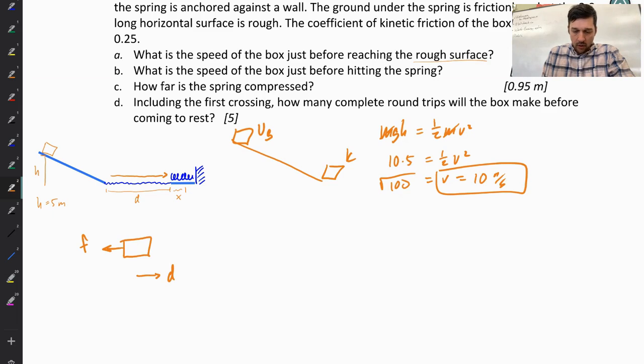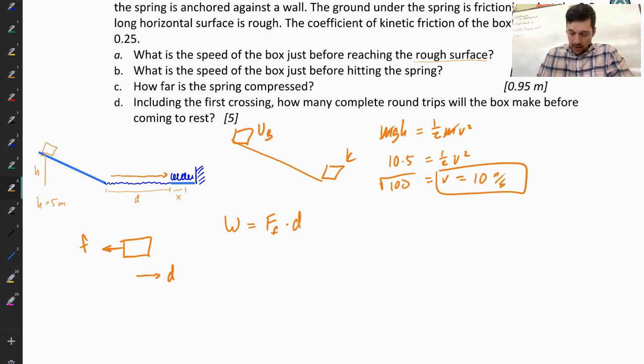It's going to be taking out some energy from the motion of the box. And it's only going to be for that distance. We know exactly how long that is because as soon as it hits the spring, it's on a frictionless surface. So it doesn't continue to lose energy once it gets there. It's only along that rough surface, which is 2 meters long. So the work done is going to be that friction force times that distance.